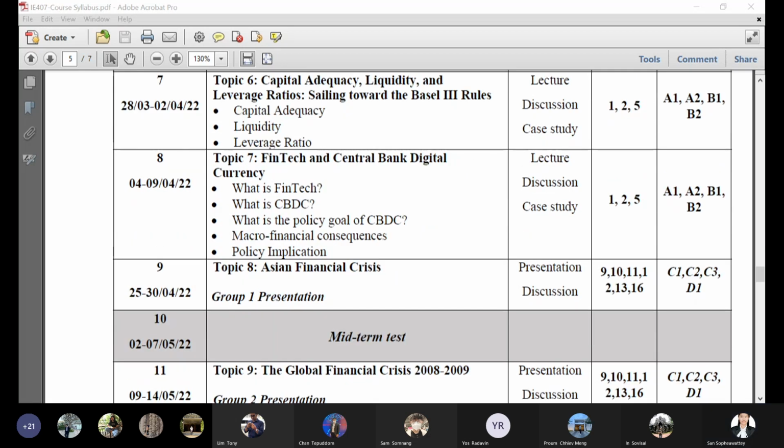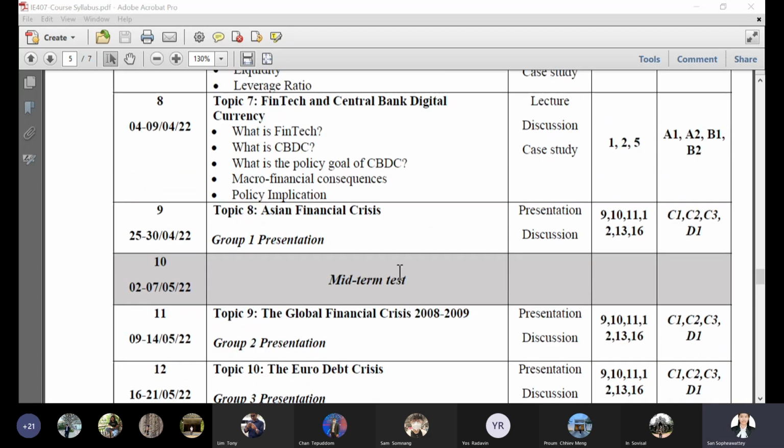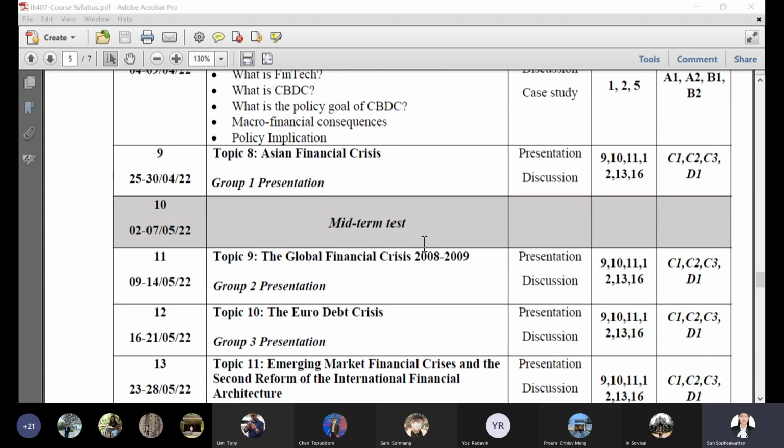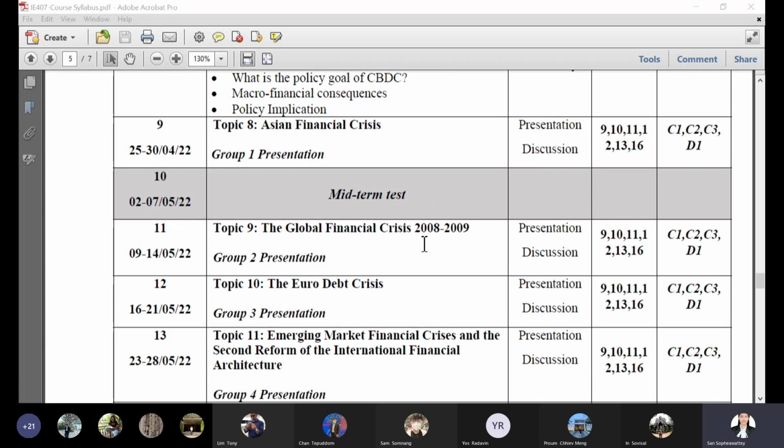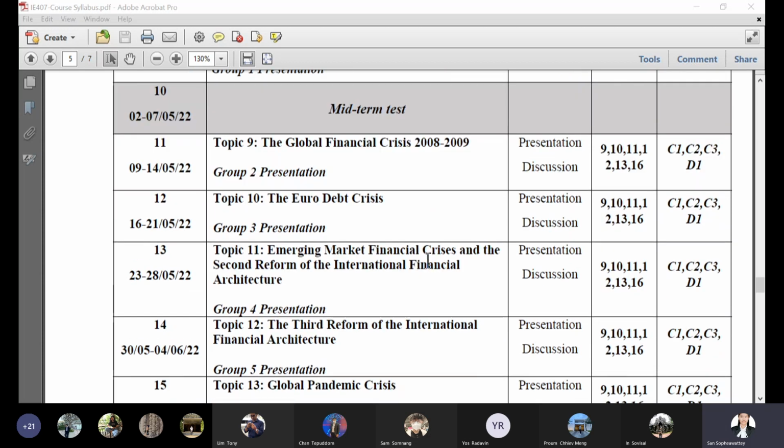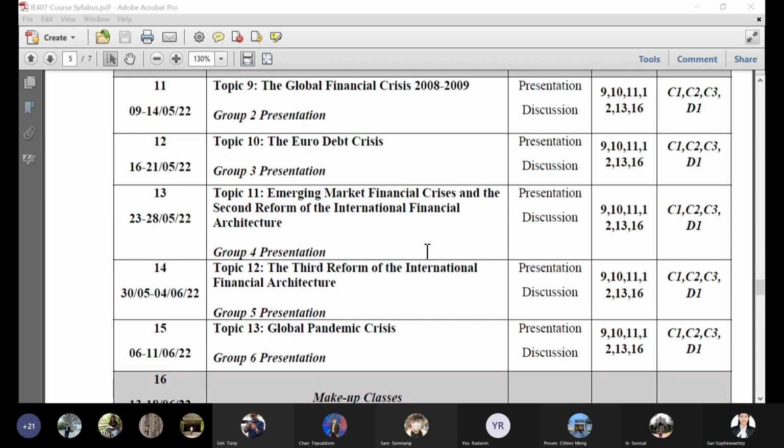And then you will have presentations, where we look at the crises in the global economy, including the Asian financial crisis, the global financial crisis, and the European debt crisis, and then we touch on the chapters in the book.